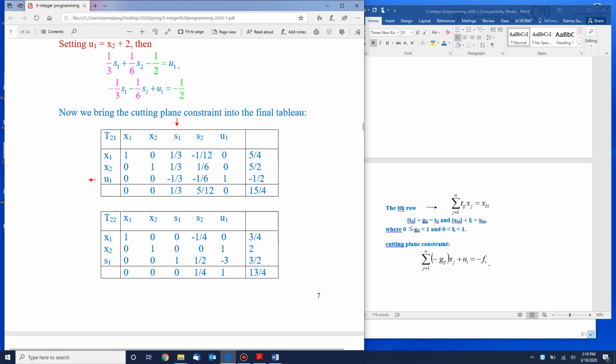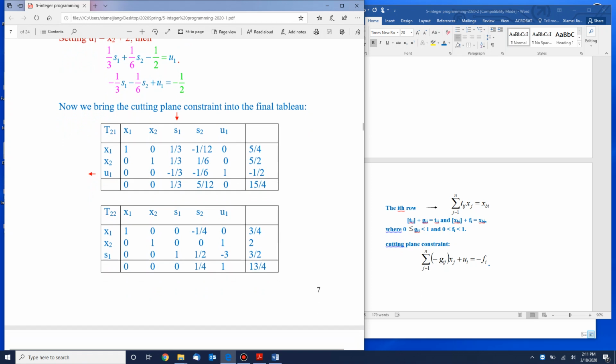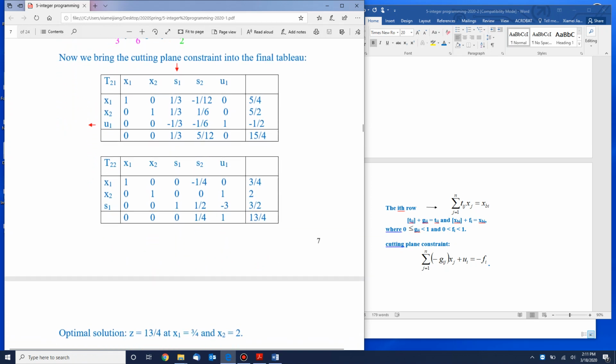But here I'm going to continue to use the column whose fractional part is a half. So here I choose the third row as the third constraint, right?